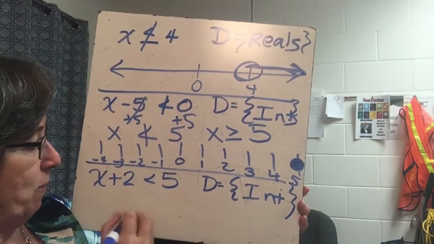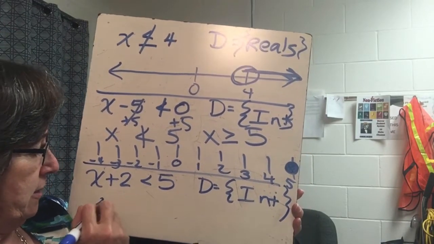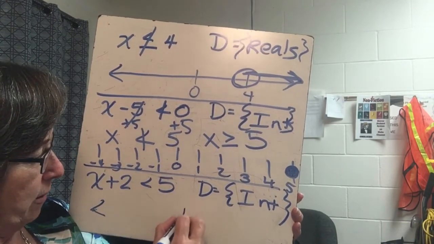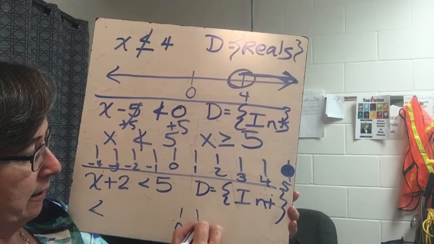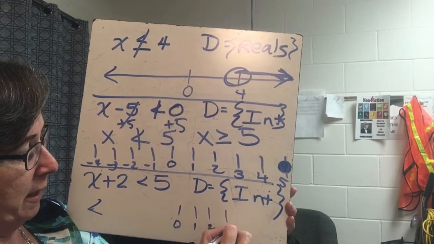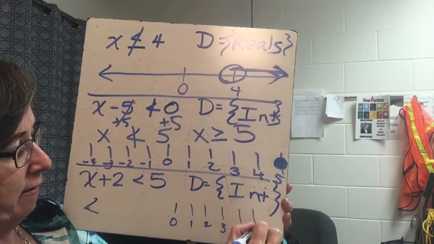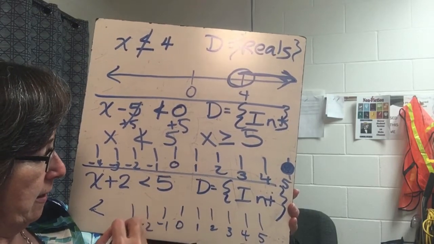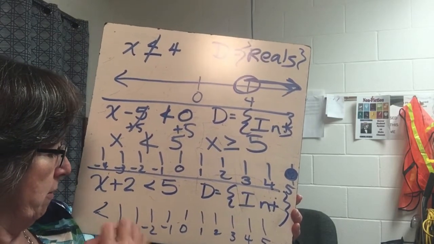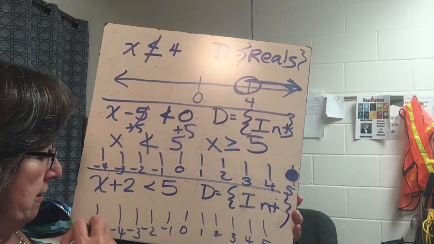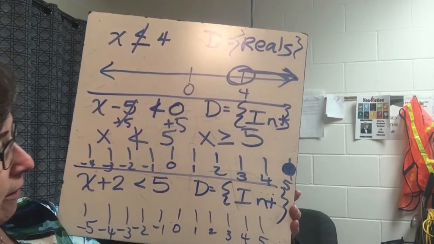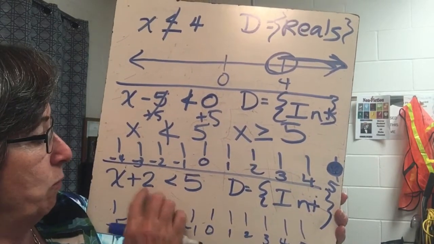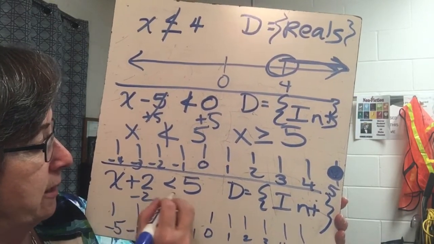So again, here we have integers. This is my number line, 0, 1, 2, 3. I'll make them a little closer, 4, 5, so I can get a few more on there. You're supposed to pause your video and make sure you're getting this one right. Don't let me do it all for you, okay? So here's the integers. Then we want x by itself, so we'll subtract 2.